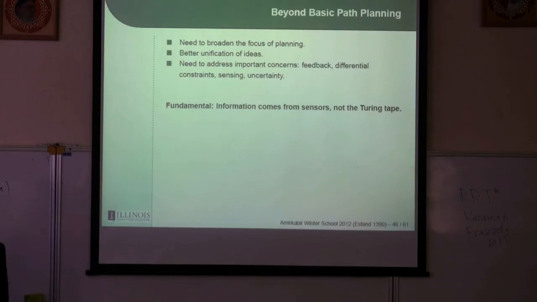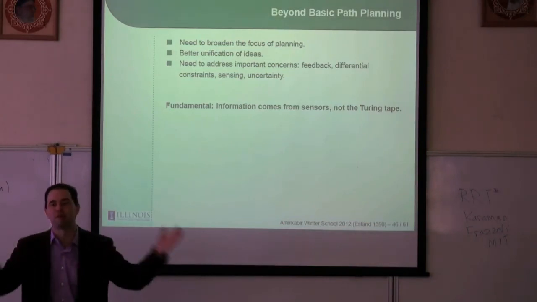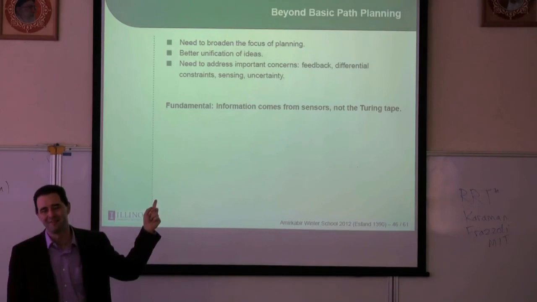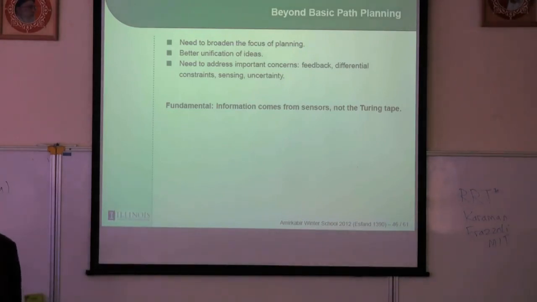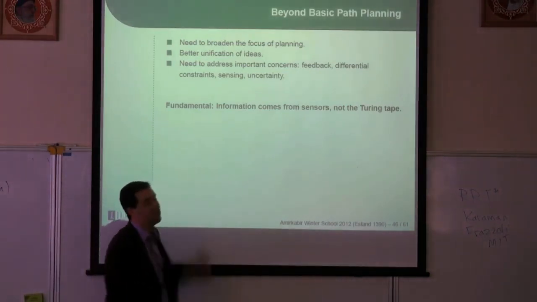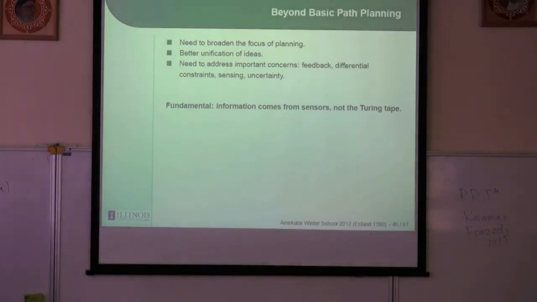That's why it's been very useful for video games, automated movies, virtual prototyping, any kind of virtual world where you make a perfect model. Motion planning has been much more useful there because the algorithms work very nicely for this. In real hardcore robotics, you ultimately have to deal with feedback, differential constraints, and sensing. That's what motivated me to go further and further down the path of sensing, which led to this course.